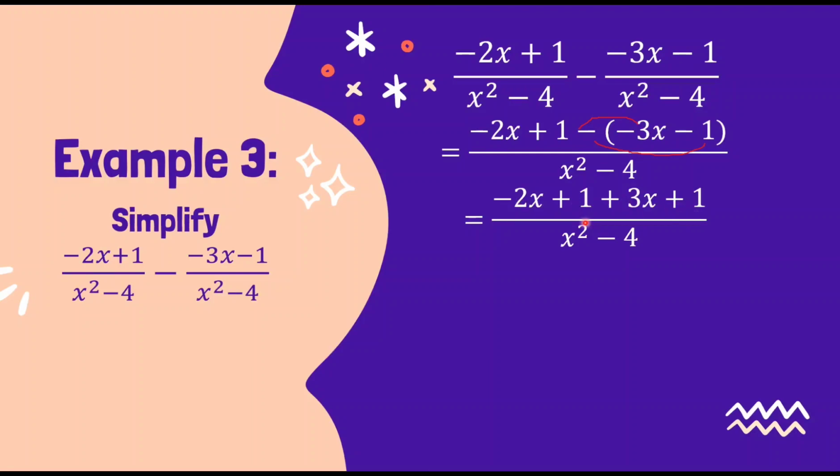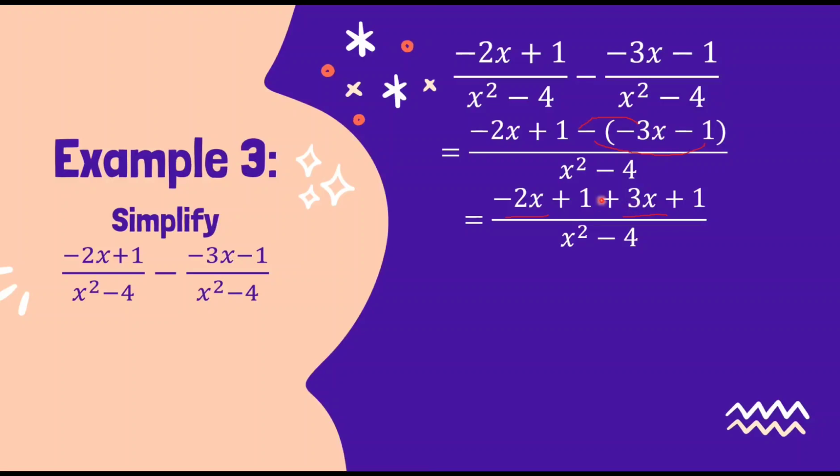Let us combine like terms. We have negative 2x and also positive 3x. What is negative 2x plus 3x? Since one is negative and the other is positive, we need to follow the sign of the bigger number.